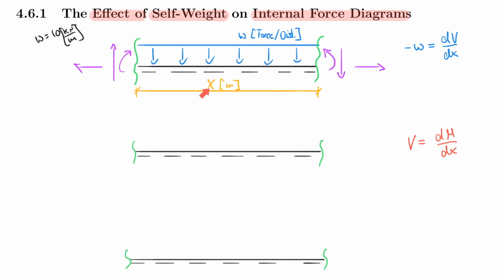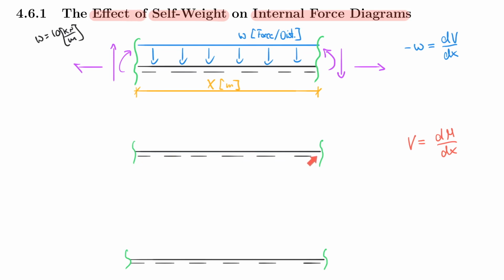So if x was 1 meter, I would have a total of 10 kilonewton on the system. If x was 2 meters, I have 20 kilonewton because I multiply it by 2, and so on and so forth.